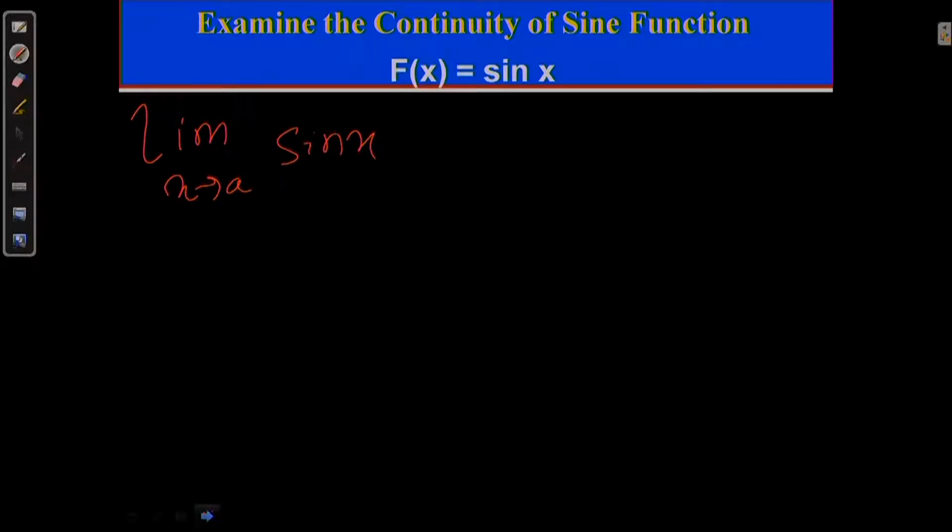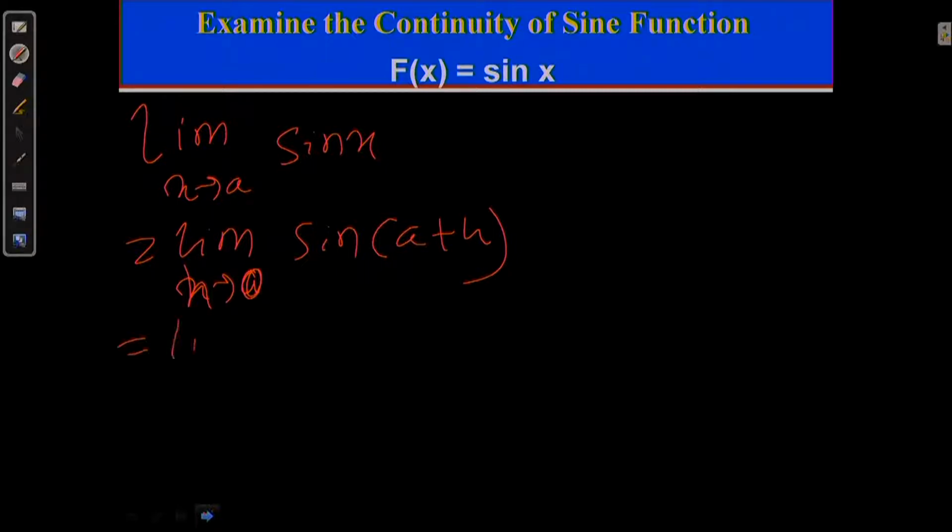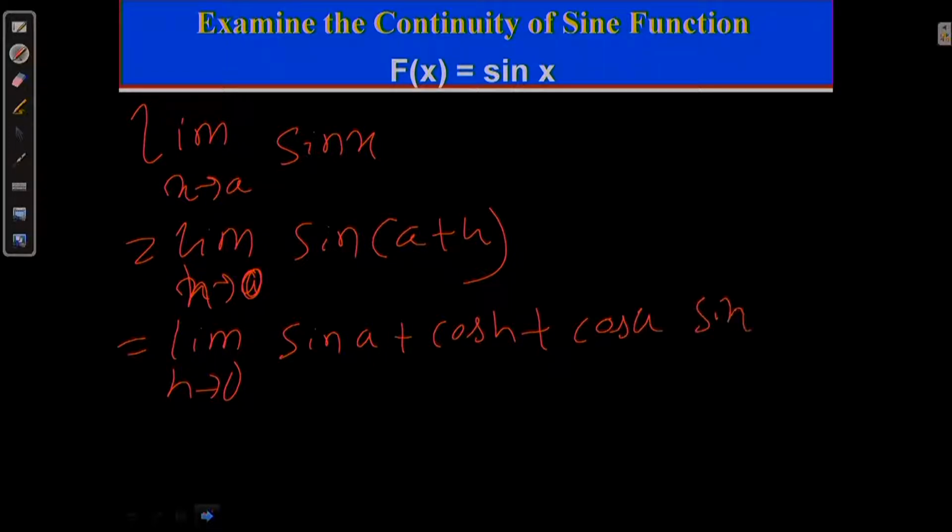So I can write limit x tends to a, sin of a plus h, where h tends to 0, so we will get limit h tends to 0 of sin a cos h plus cos a sin h. That formula we know: sin(a plus b) equals sin a cos b plus cos a sin b.